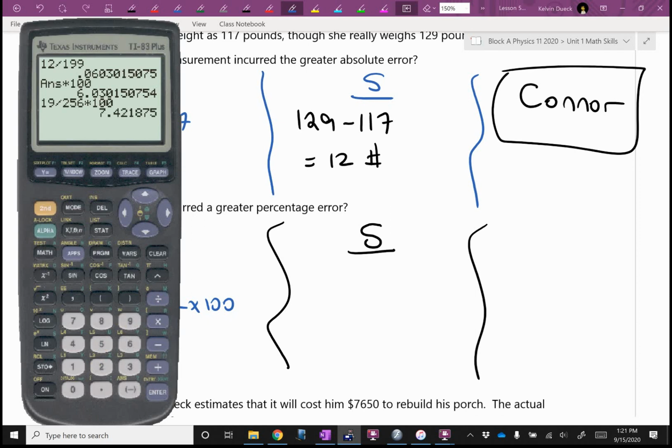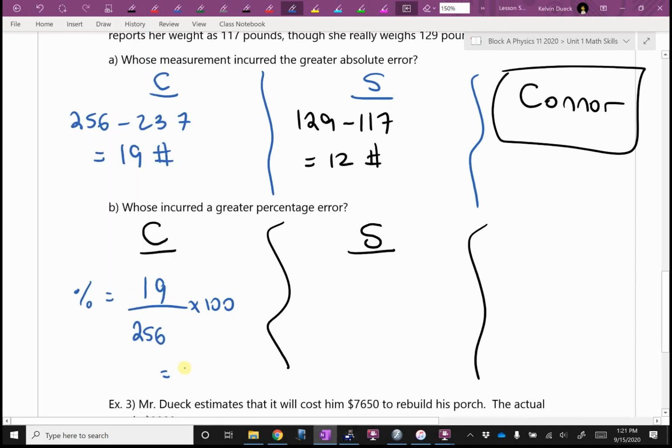So Connor's is off by 7.4%. Compare that with Sheila's. Am I going to divide by 129 or 117?